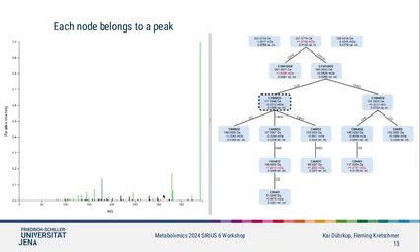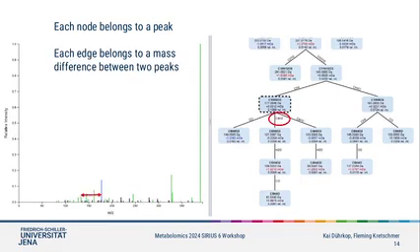So all green peaks and this blue peak here are peaks explained by the tree, and the black peaks here are peaks which are not explained, so basically noise peaks, for example. And the edges in the tree correspond to mass differences between peaks and basically to fragmentation reactions or hypothetical fragmentation reactions. Like in this case, we say that the mass difference between these peaks here corresponds to C4H2, so basically the neutral loss.